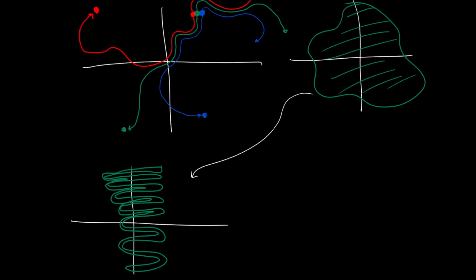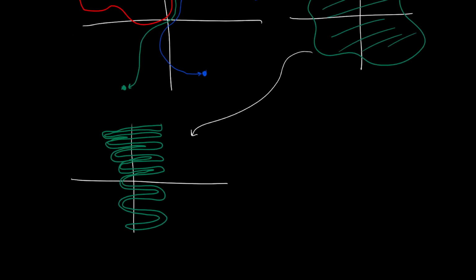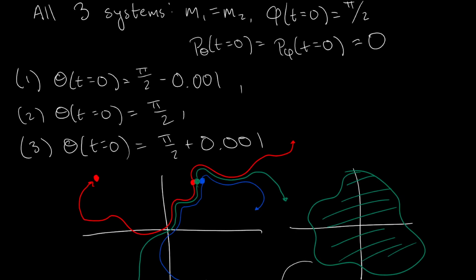Actually, before I do that, I want to sort of, again, preface what you're about to see. So what I'm going to show you is the evolution of this system, but with a sort of blob of theta values. Actually, theta and p theta values.